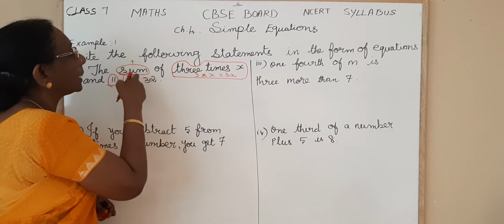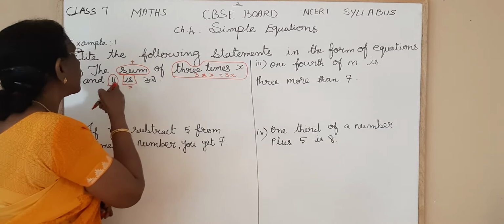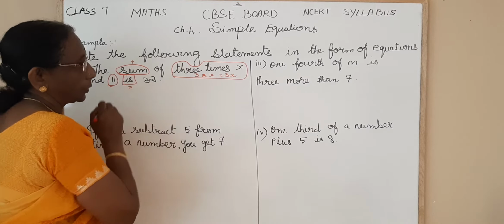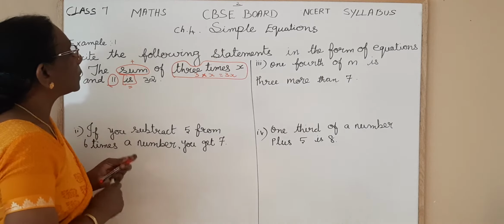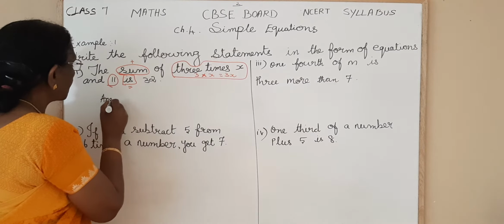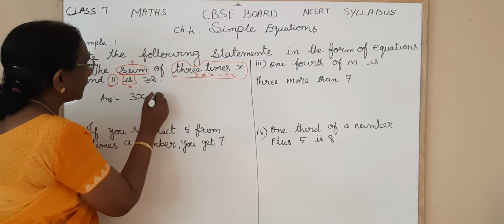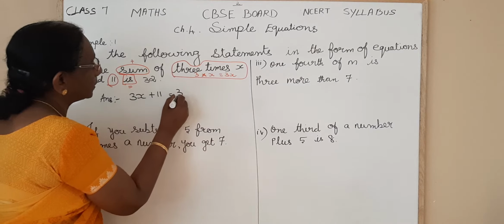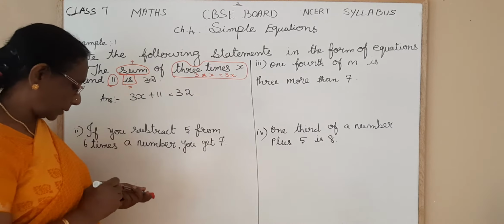That means you are adding which 2 numbers? 3 times x, 3x, and 11 equals 32. Isn't it? Have you understood now? The answer is 3x plus 11 is equal to 32. Is it clear? We'll move to the next one.